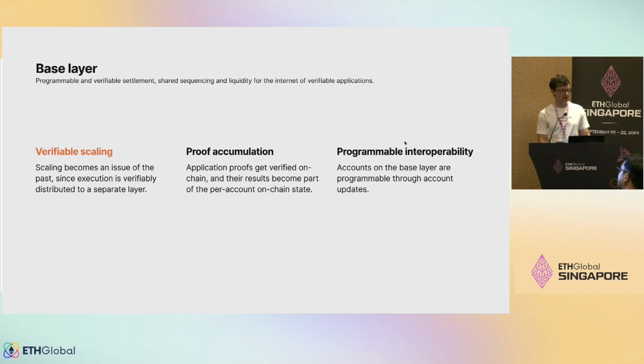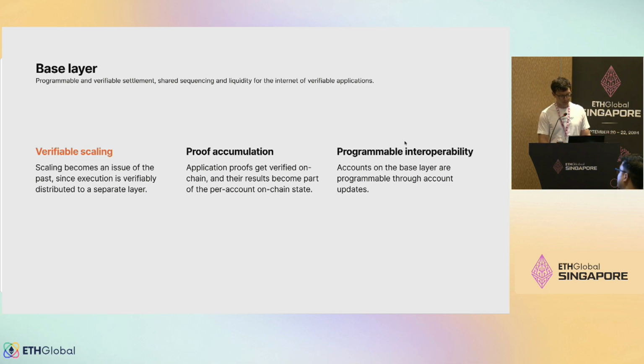That basically means that scaling becomes an issue of the past because we took that model of decoupling the application layer and saying, do all of your stuff off chain and then only do the verification on chain. This means that the scalability properties of that base layer become so much better because we don't have to actually run any code on that. We only have to verify it, which makes it so much cheaper to do and therefore gives us better scalability properties.